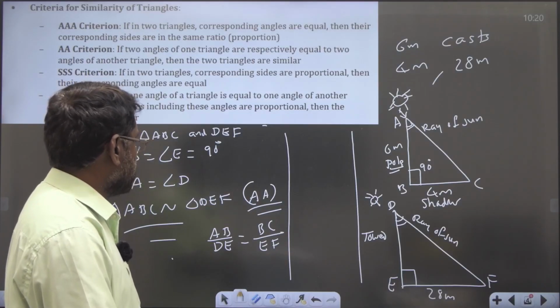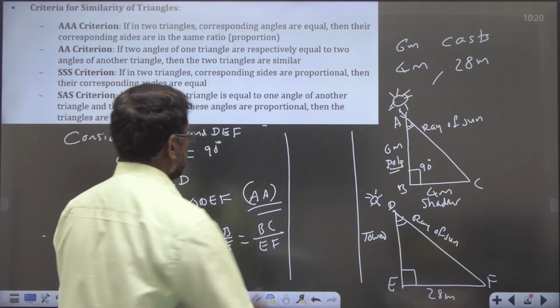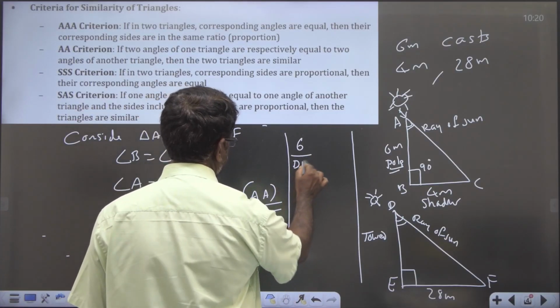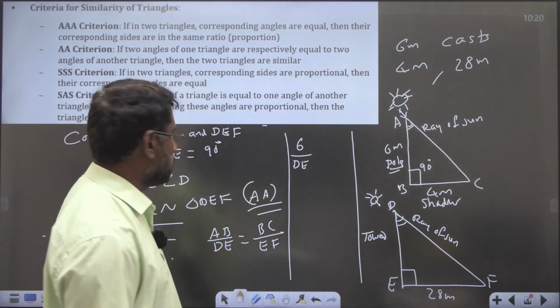We have to find out D. What is AB? AB is 6, divided by D, the length of the tower. BC is 4, divided by EF, that is 28. Then cross multiplying, 6 into 28 divided by 4, that is 7 times 6, so D is equal to 42 meters. D is the length of the tower.